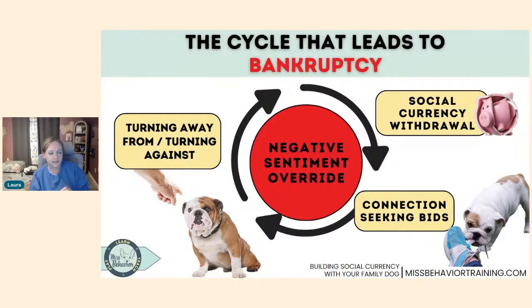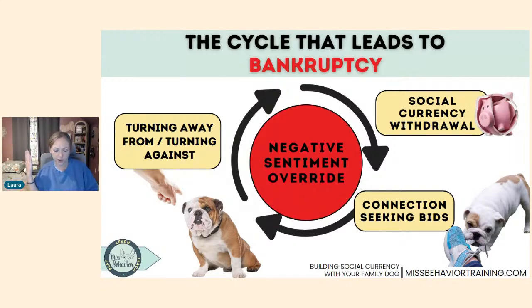It's really easy to get into this negative sentiment override where you literally can't think of a good thing that your dog did that day. But I promise you, they did a lot of good things. Okay. You might not believe me now if you have a teenager at home, but they do. They do good things all the time. We just don't notice them, because we're stuck in this negative cycle.